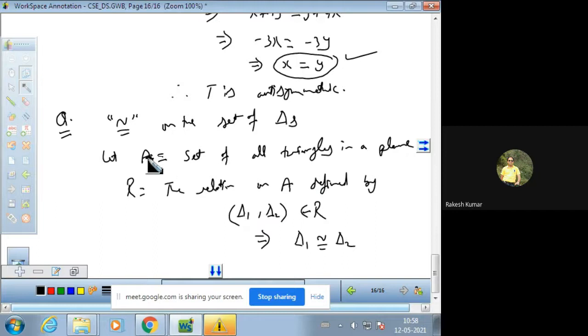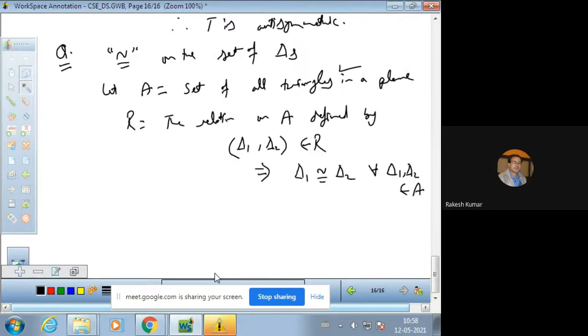Congruent means their sides and corresponding angles are the same. So this is the relation.